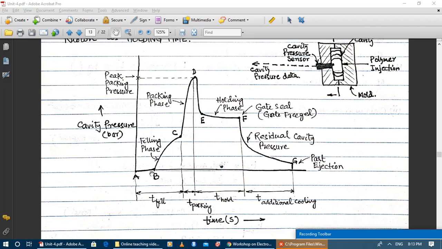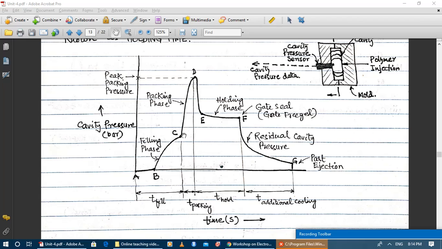So the pressure will be realized at this point B, and as more and more polymer is coming and pressure is increasing inside the cavity, you can see this is my filling phase, where the pressure of the cavity is increasing up to C. From B to C is my filling phase, and the time taken to reach from A to C is known as T fill, or the time taken for the filling of the cavity.